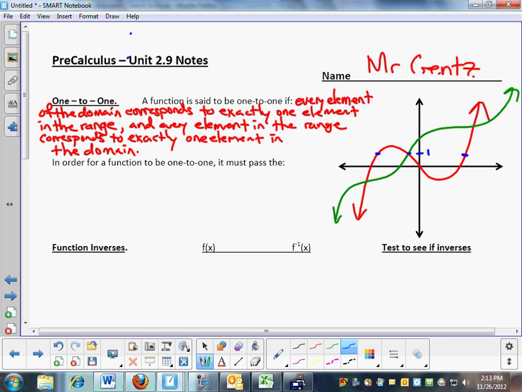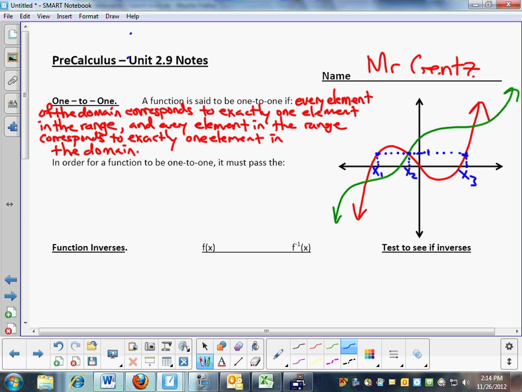So you can see that a range value of positive 1 for the red function has 3 different domain values, x1, x2, x3. That's a problem, isn't it? If you're going to be one-to-one, your output can only correspond to one input. But an output of 1 corresponds to 3 inputs. So therefore, the red function is not one-to-one.